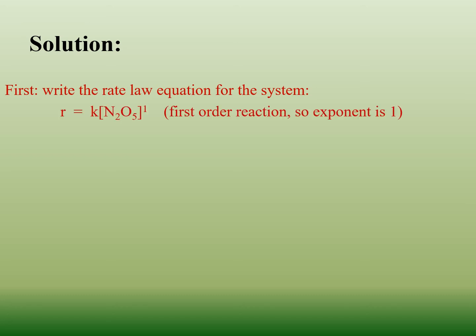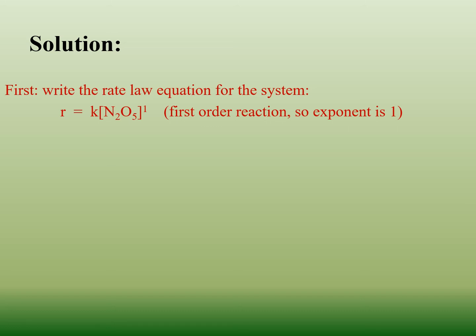First, we write the rate law equation for the system. It is R equals K times the concentration of N2O5 to the power of 1. Because it is a first-order reaction, the exponent is 1. We can use ratios to solve this problem because of this directly proportional relationship.